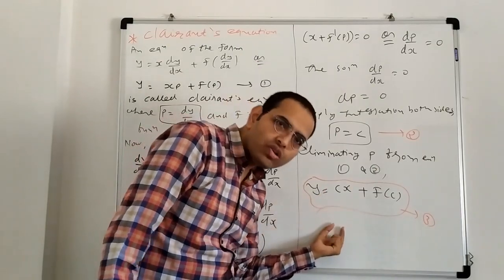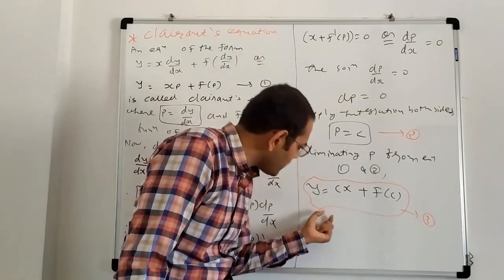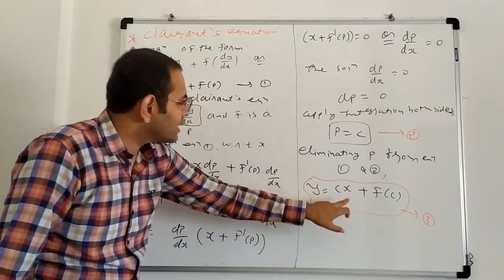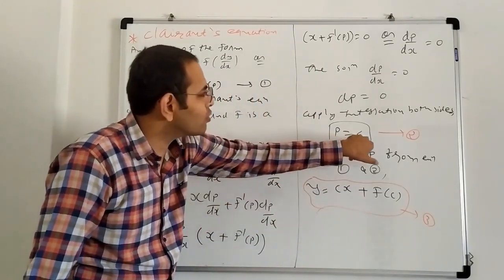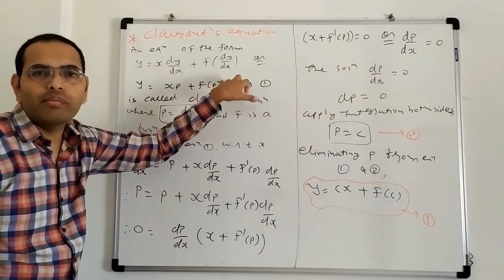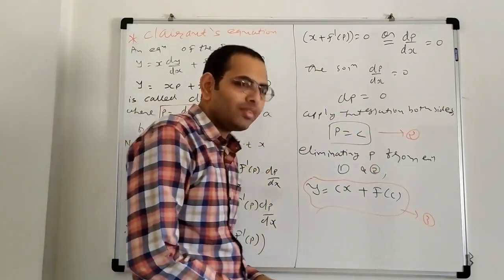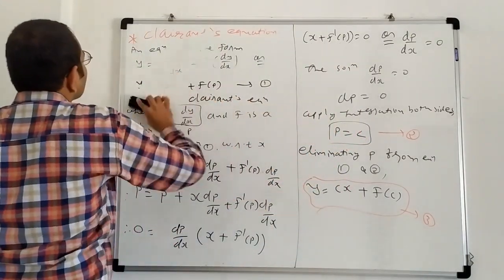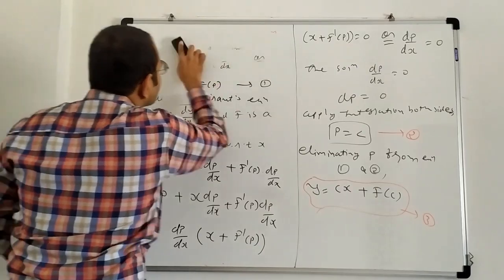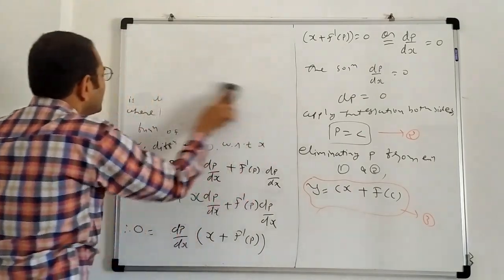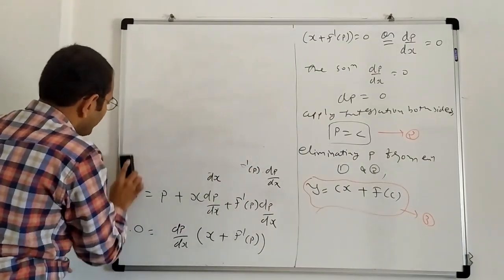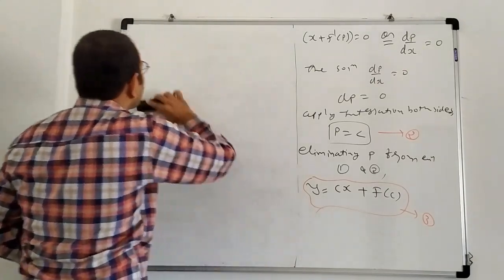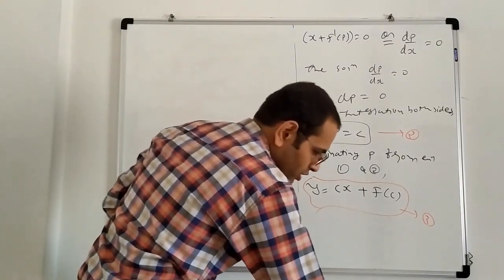Hence, the solution of Clairaut equation is obtained only by replacing p equal to c in equation number 1. Let us start with one example. In Clairaut equation, we just replace p equal to c in the given differential equation.